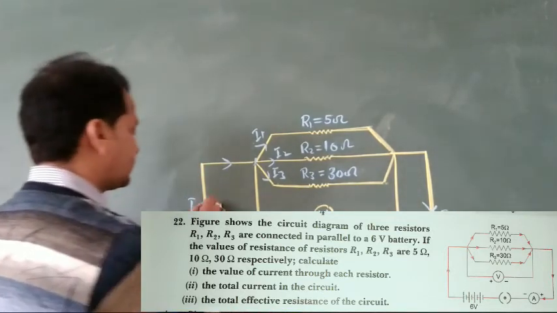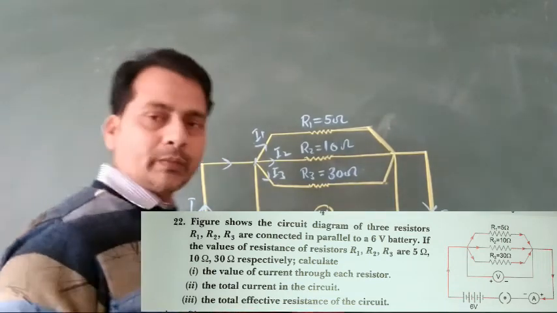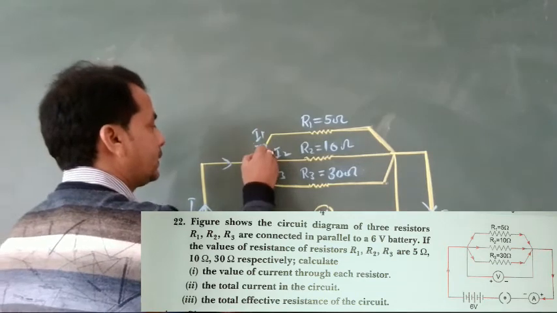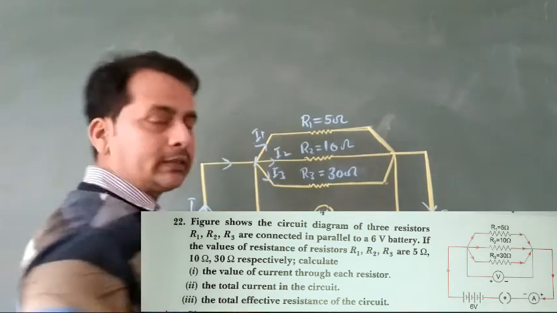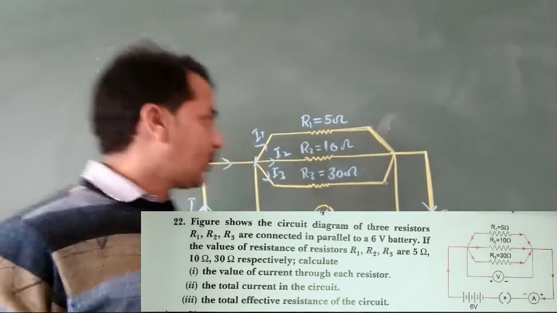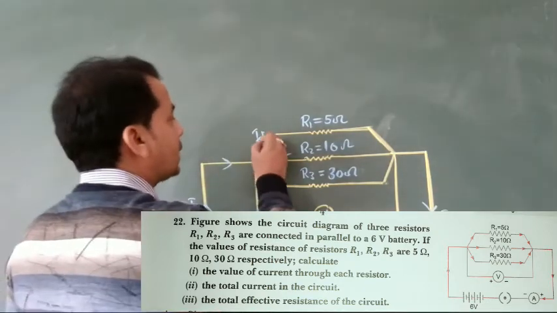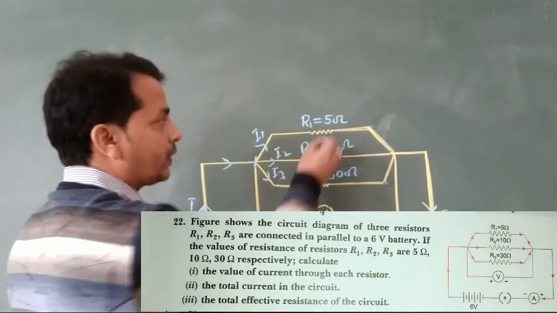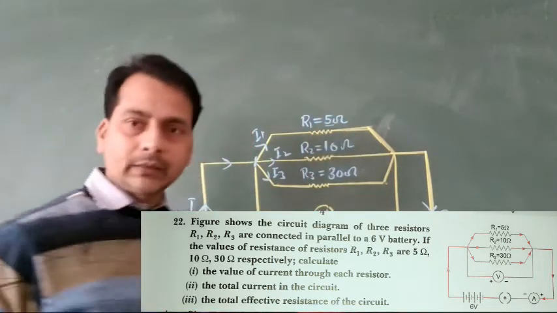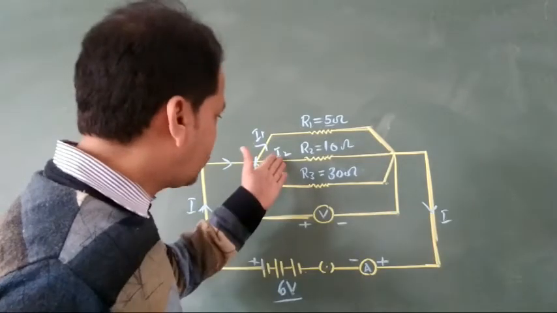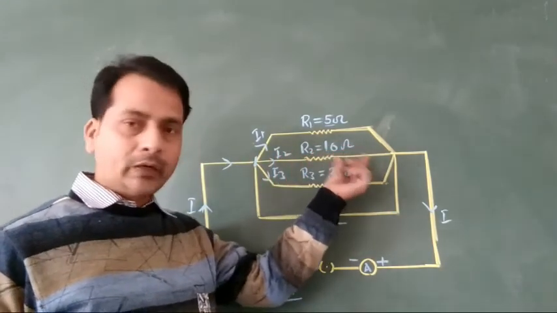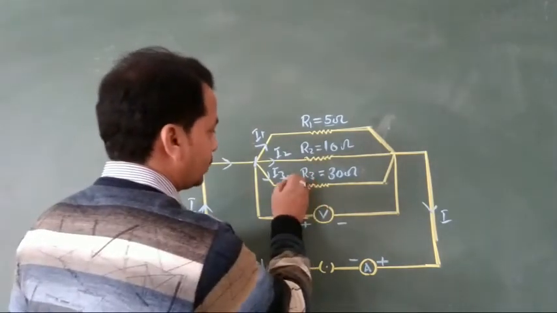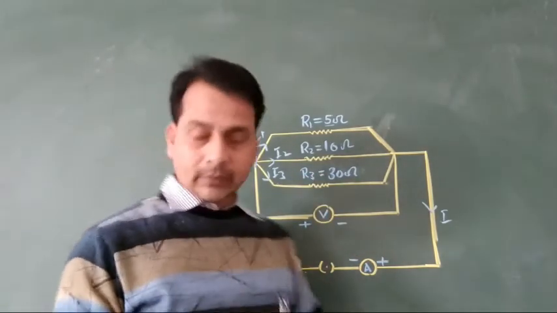The electric current flows from the positive terminal to the negative terminal, and at this point the current is divided into 3 parts. Suppose current I1 flows through the 5 ohm resistor, I2 flows through the 10 ohm resistor, and I3 flows through the 30 ohm resistor.